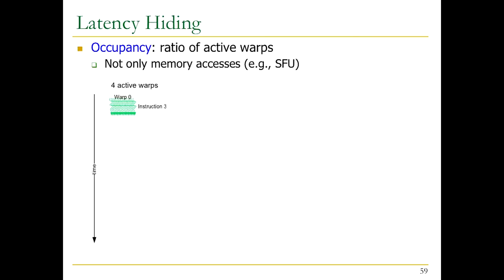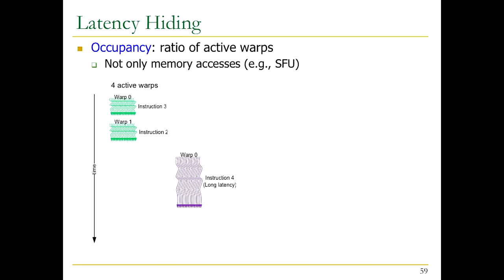Here you have a very simple toy example. Assume that we have 4 active warps in one SM, and at some point, each warp needs to execute a long latency operation. What is a long latency operation? For example, a memory access, okay?